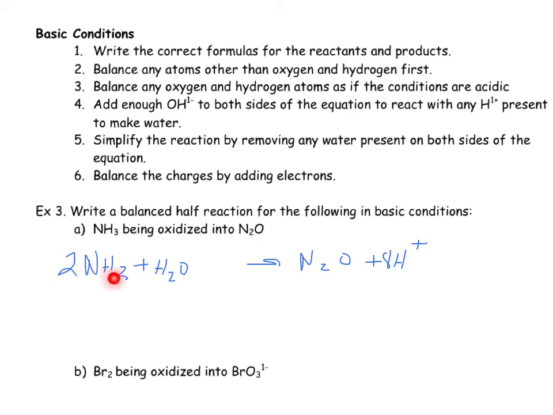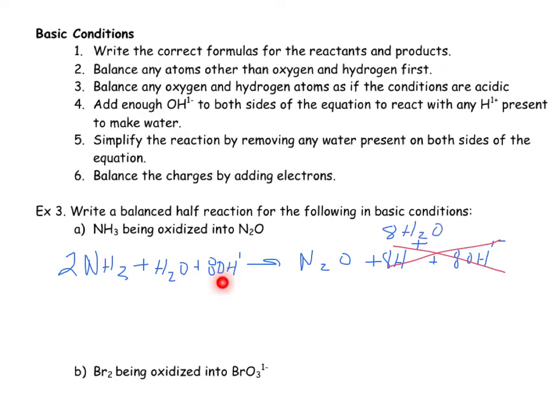I have 2 times 3 gives me 6, plus the 2 H's I added in the water. Now to change this into a basic reaction, I will add 8 OH1 minuses to both sides of the equation. That keeps all of the atoms balanced because I added it to both sides, and it will neutralize the 8 H pluses and make 8 waters.